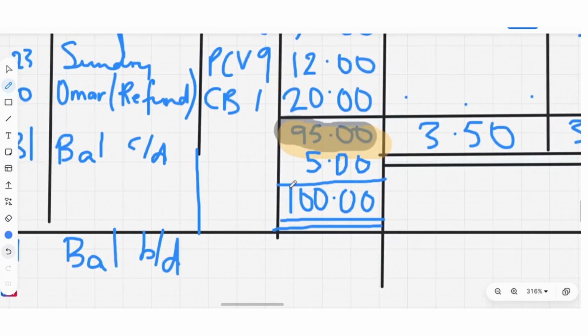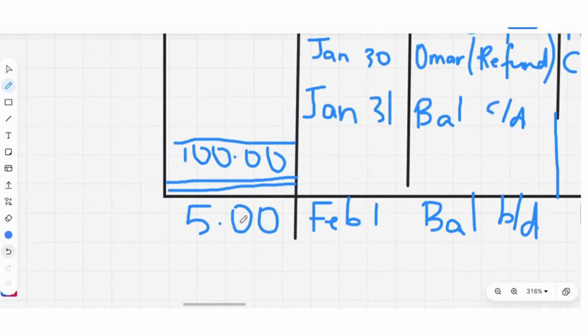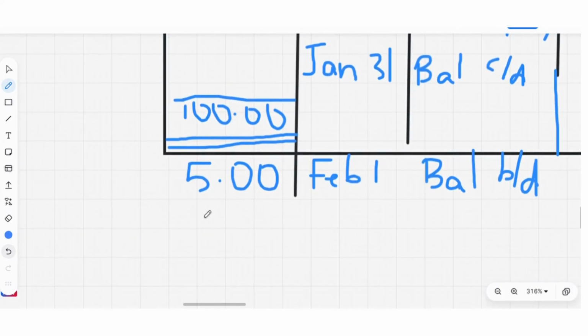So now, when you go to the second month and you have to pay for expenses, you already have $5 left in the account. And since you need $100 each month, the petty cashier gives you $100 to pay the expenses. And you only had $5 left, so you will now need $95 to be reimbursed from the petty cashier.